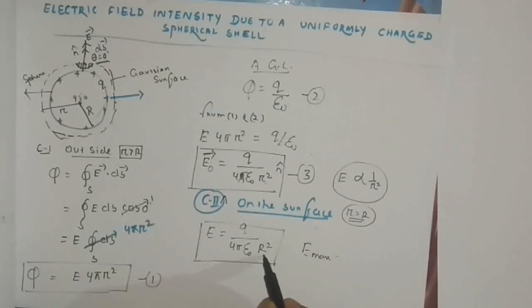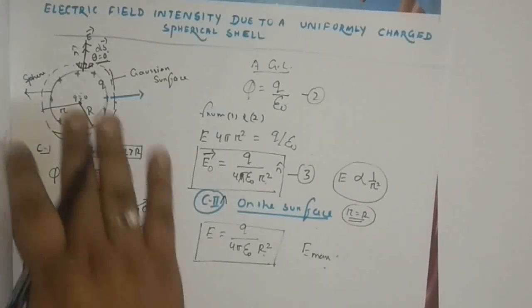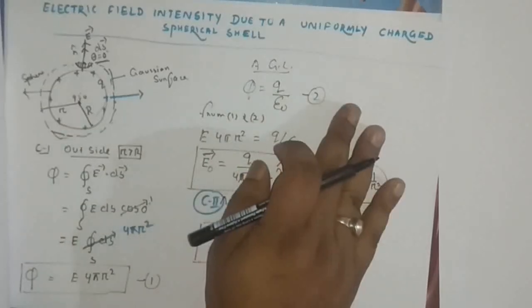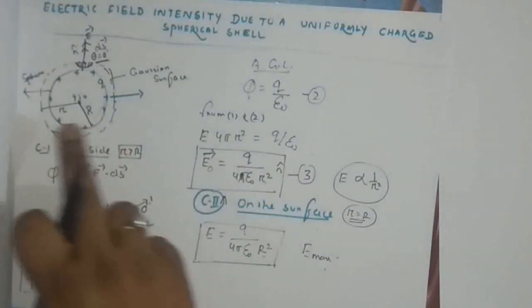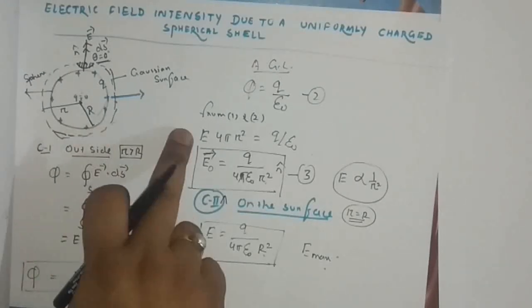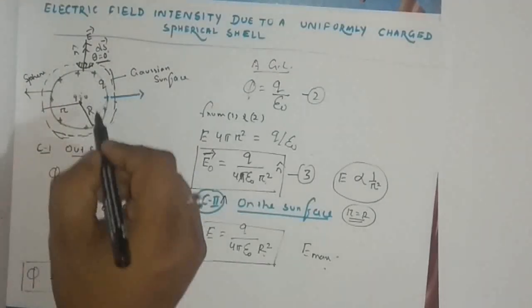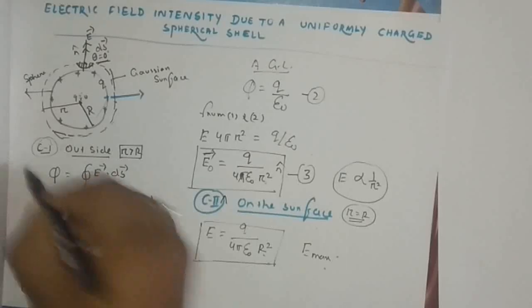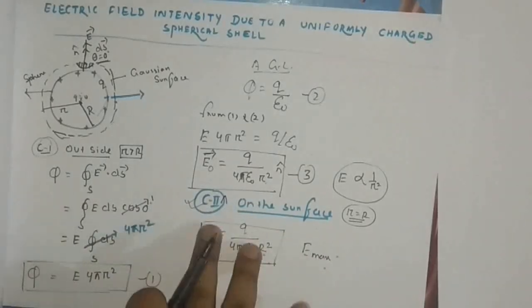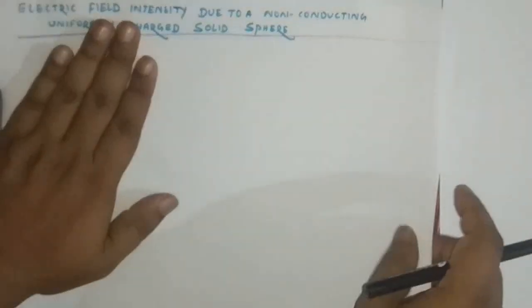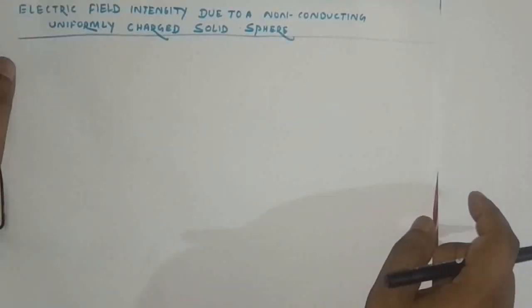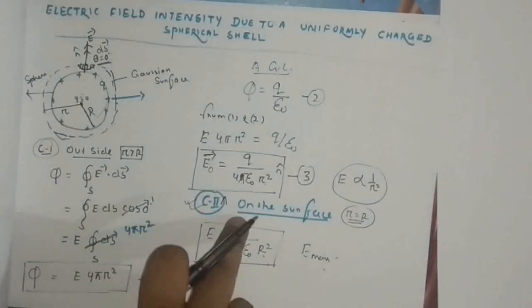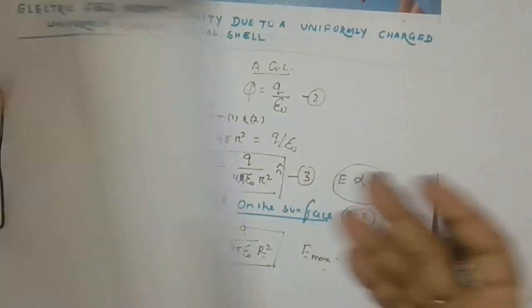On the surface, it was maximum. This is completely the same as here, inside, outside and on the surface. Case 1 and case 2 are the same. Here case 3 will vary. So I will focus on case 3 only. You will focus on case 1 and case 2 like the previous one.